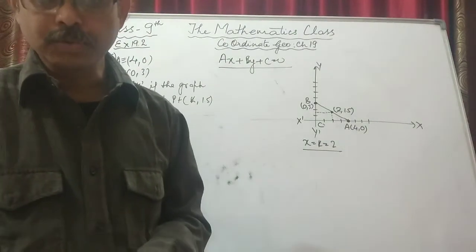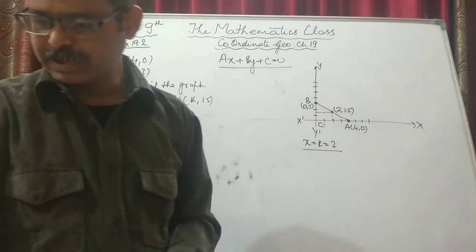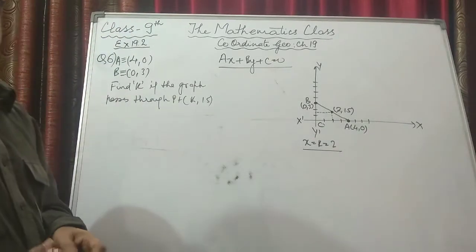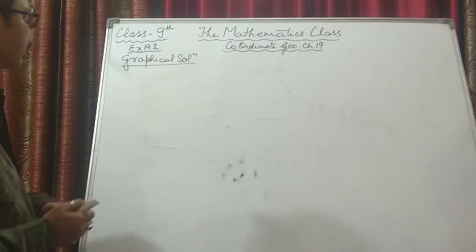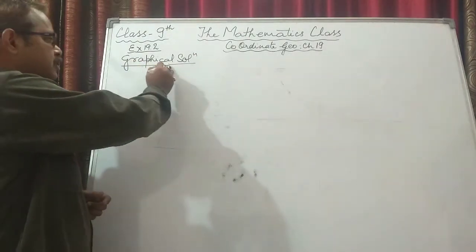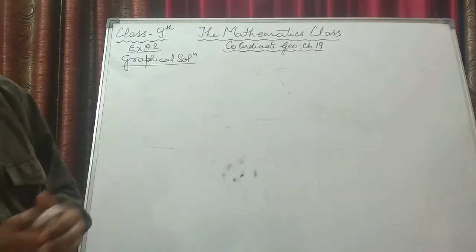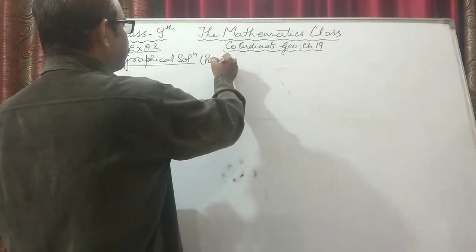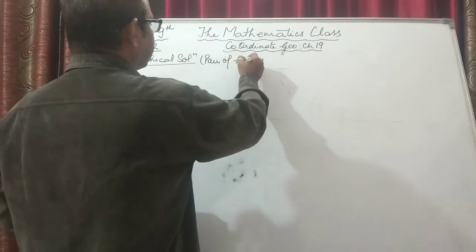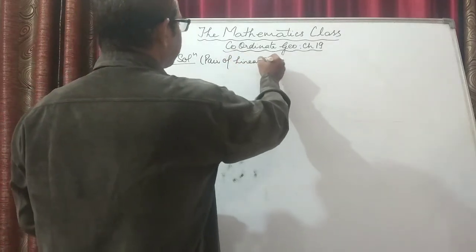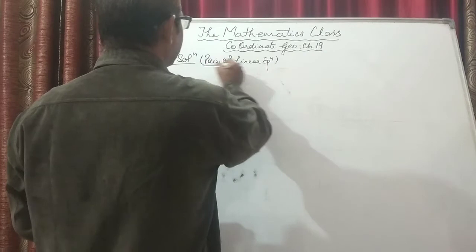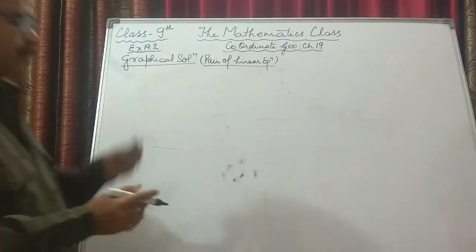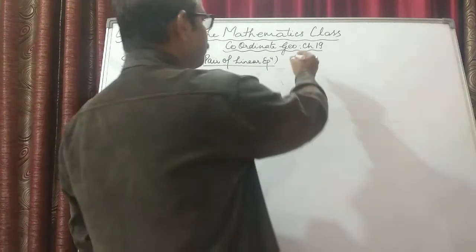Now we move on to the next topic, that is graphical solution of a pair of linear equations. This we have already studied in our algebra part, because we know that there are two equations.